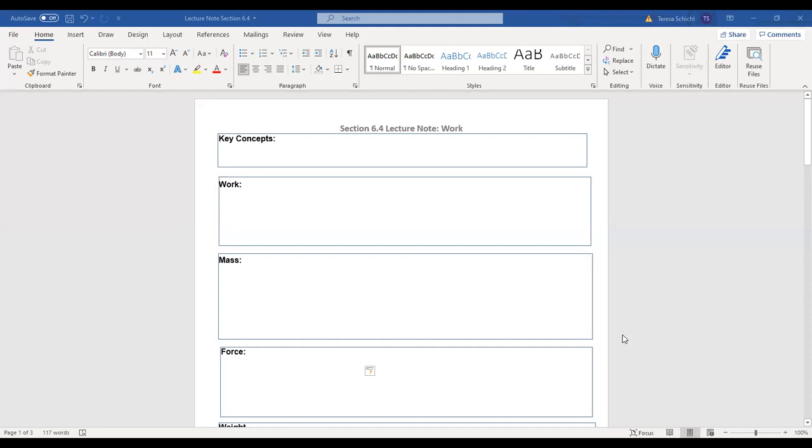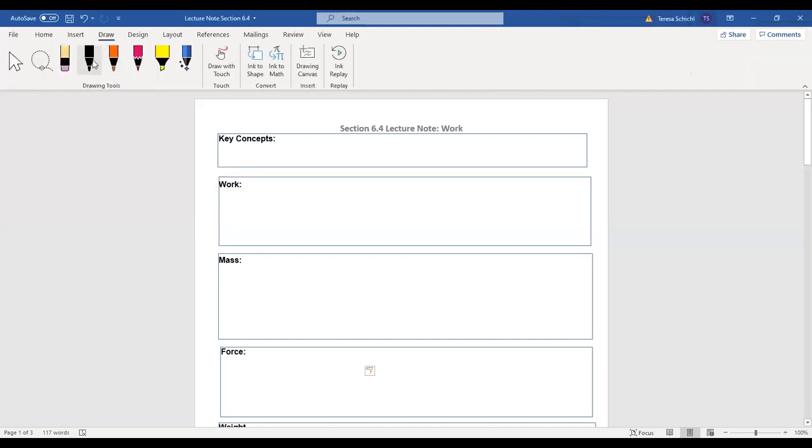The key concept for lecture number 4 is that we're going to talk about work, how to calculate the work done by a varying amount of force along an axis.